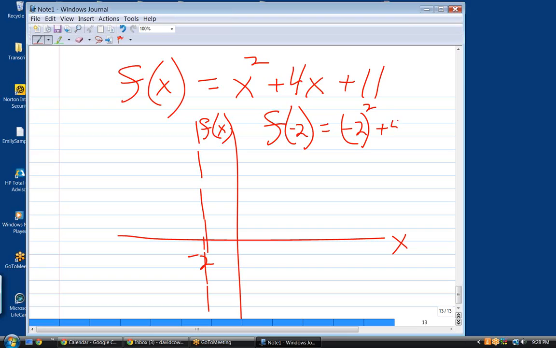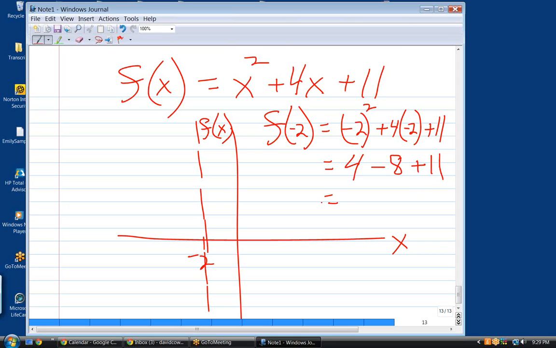It's best to write it exactly this way and then simplify, to reduce mistakes. Negative 2 squared is 4, plus 4 times negative 2, which is minus 8, because when you have a plus and a minus together, you just drop the plus. Plus 11.